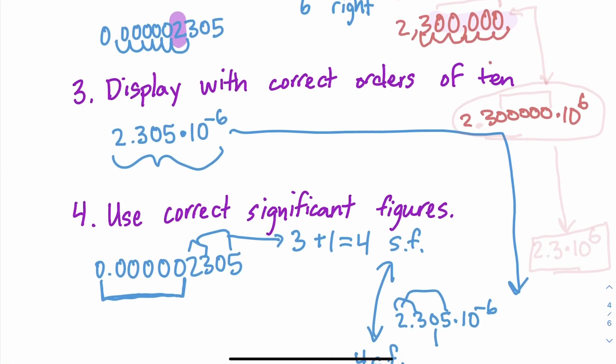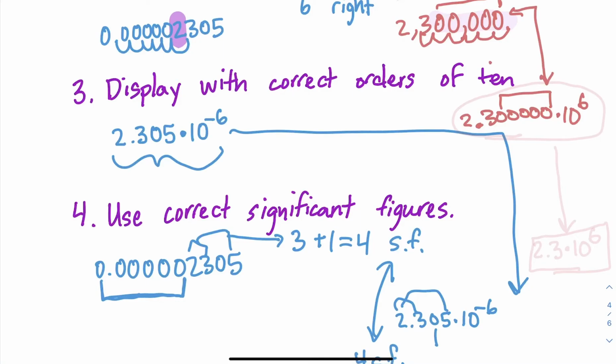Display with the correct orders of 10. Well, now what we have to realize is that since these zeros trail non-zero digits and they're to the right of the decimal point, they are significant. And that does not match these zeros, because these zeros are not to the right of a decimal point, and therefore, although mathematically these are the same thing, they are not the same in significant figures.